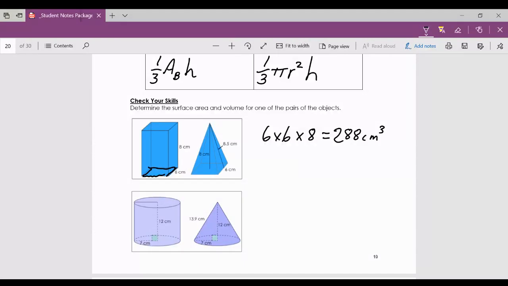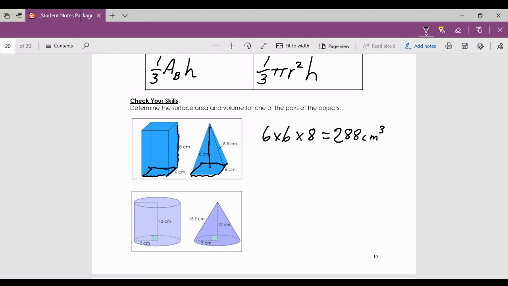So now we're going to find the volume of the pyramid. Notice that the height of the pyramid is 8. That's this line here, which is the same as the height of this prism. And the base is exactly the same as the base of the prism.